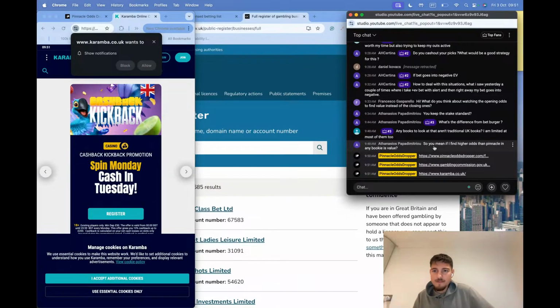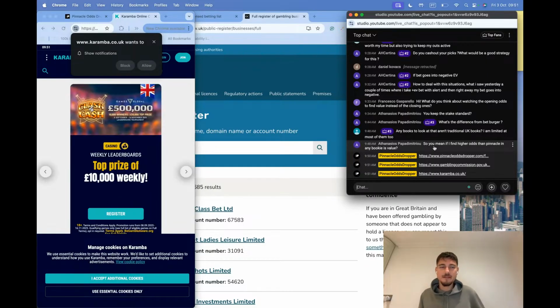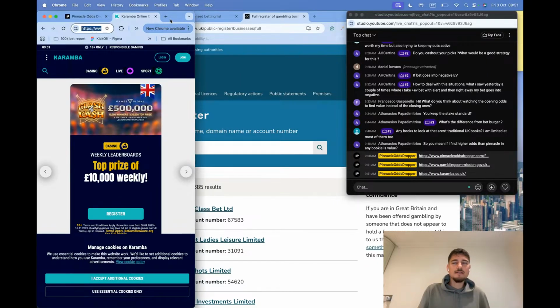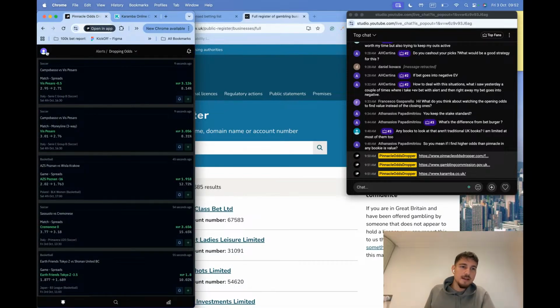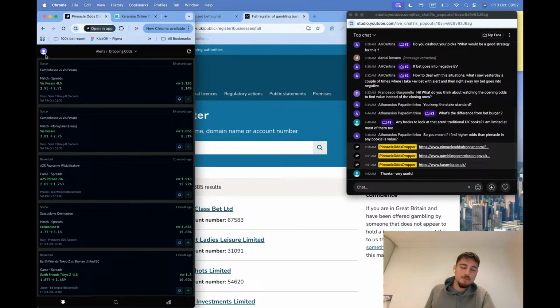So you mean if I find higher odds than Pinnacle in any bookie, is that value? Well, it depends what sport you're looking at, what market you're looking at. But for the sports we cover, every sport is profitable for our users except for American football, and they're using Pinnacle as the benchmark.